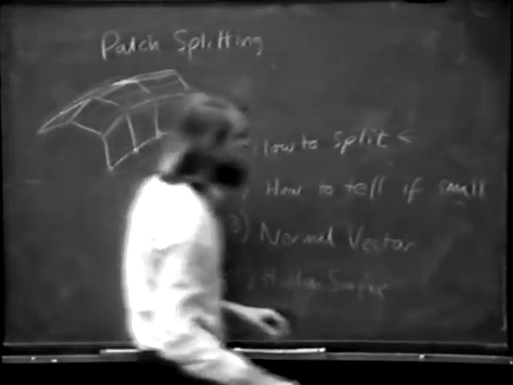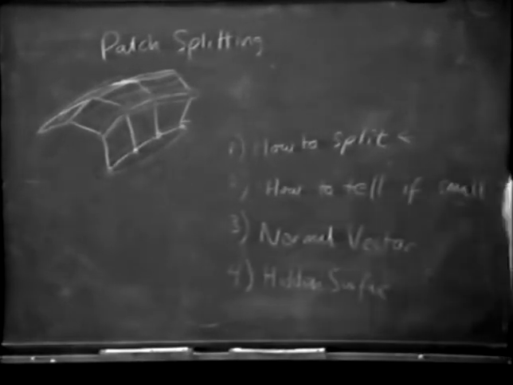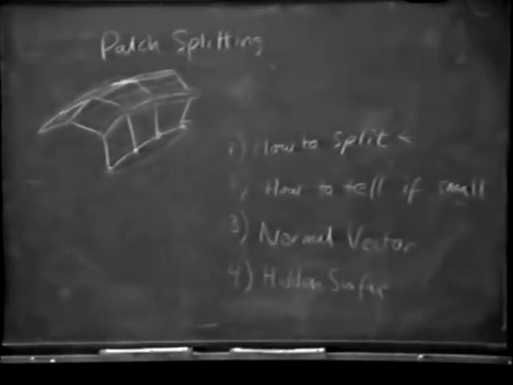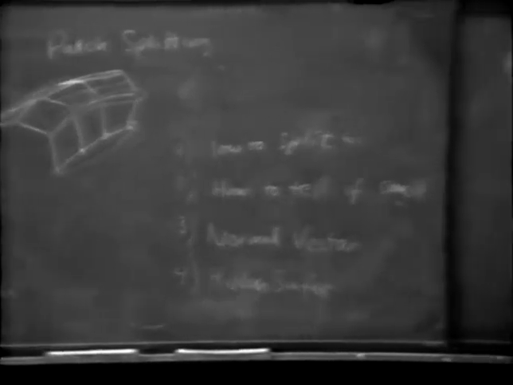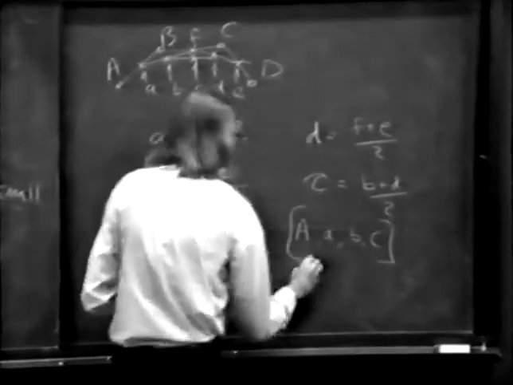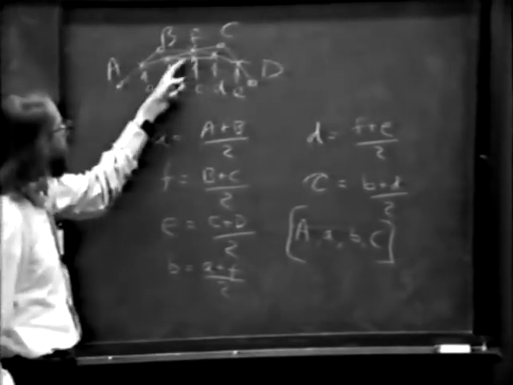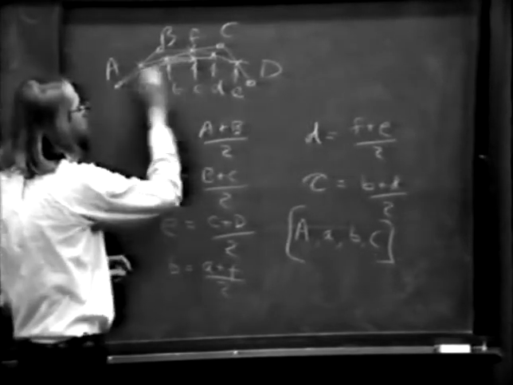And now, in this case, then the final patch is A, small a, B, and C. Those are the 4 Bézier control points of the left-hand side of this thing here.